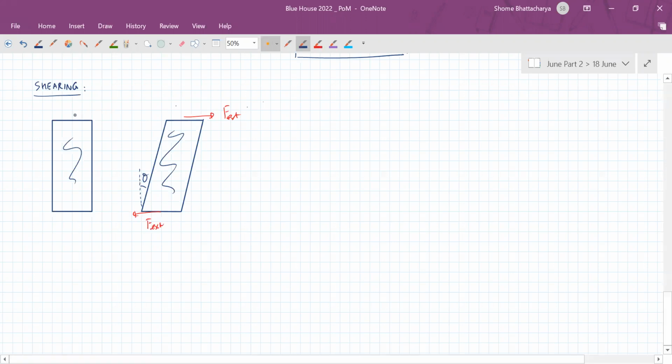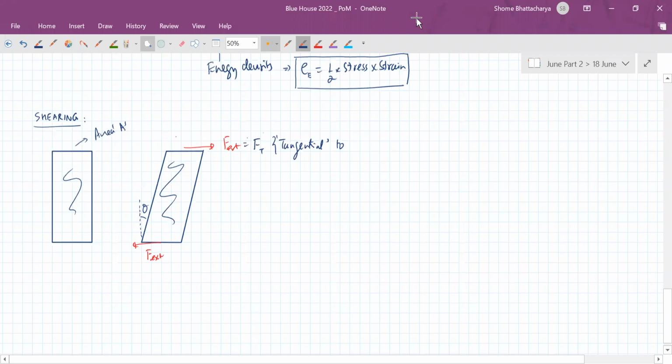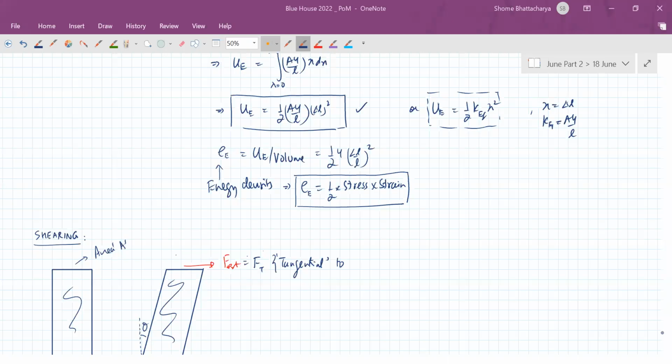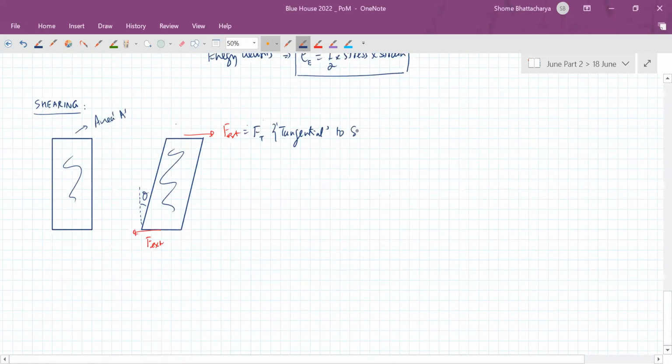So if this has cross-sectional area A, here the external force is acting tangentially, or parallel to the surface. So it acts tangential to the surface.